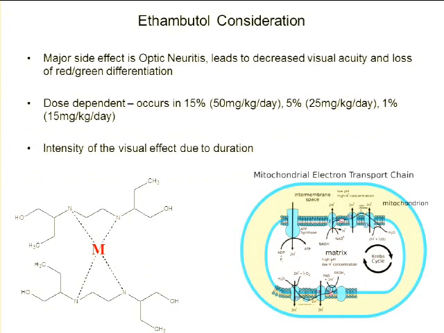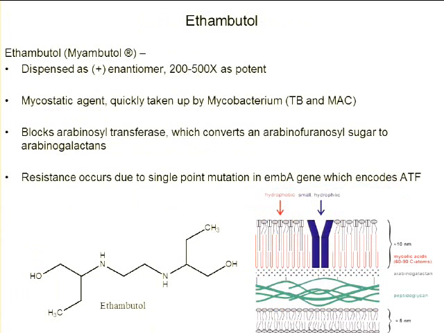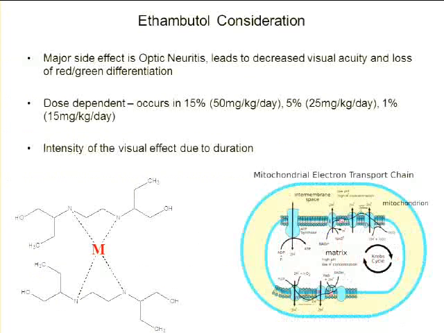Another reason why ethambutol is dispensed as the pure plus enantiomer is because the racemate is even more potent in causing this neuropathy. Okay, so the dextroisomer is less harmful, and that's why the dextroisomer is pulled out and dispensed by itself.